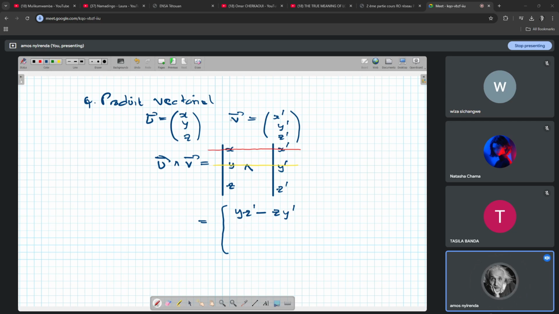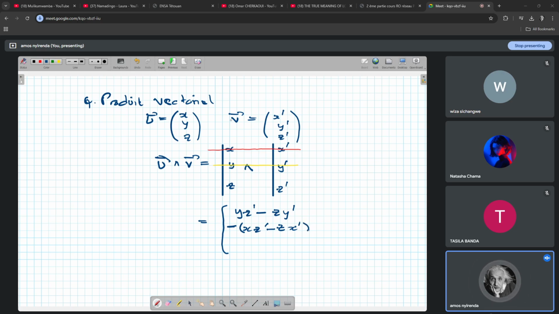Before writing anything along the Y component, you're going to put a minus, and then write the result of the cross multiplication. You put a minus only for the Y component. So we're going to say X multiplied by Z prime, minus Z multiplied by X prime.